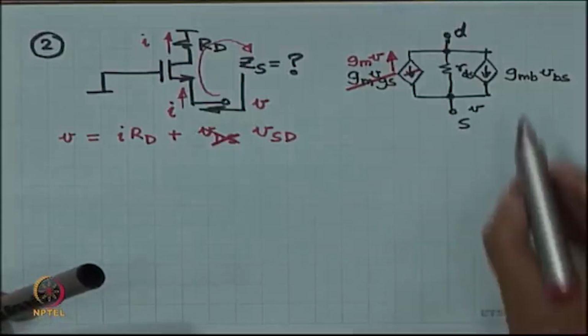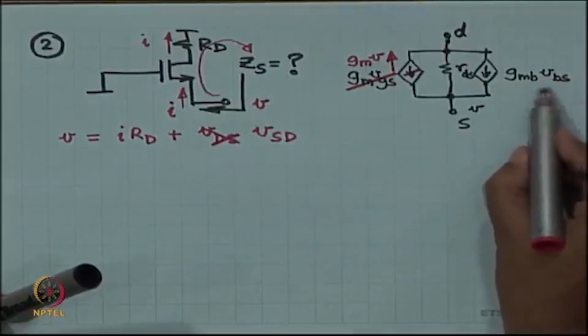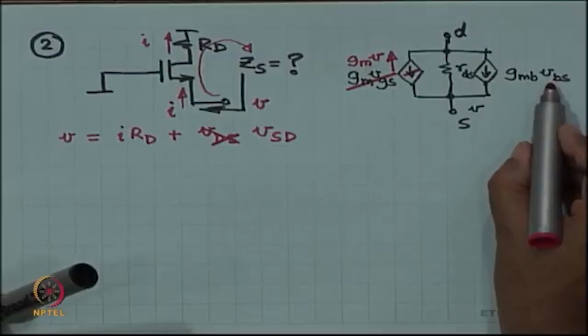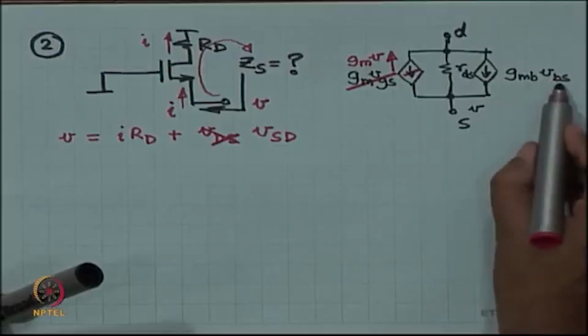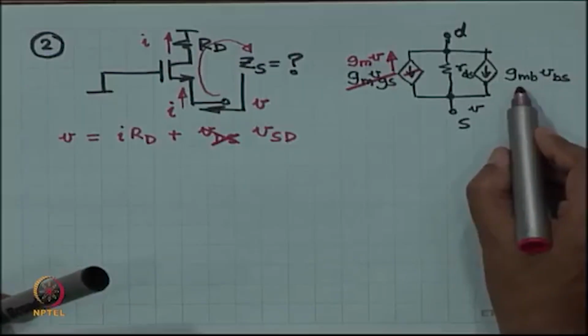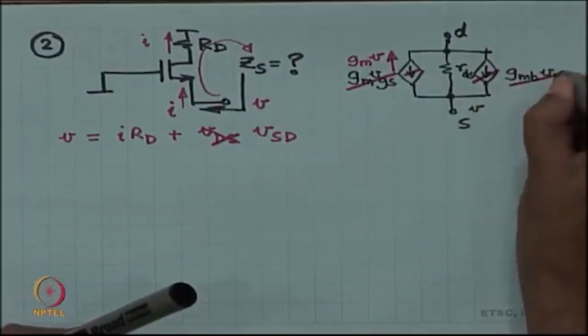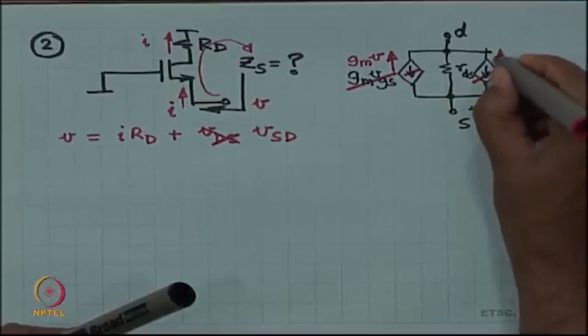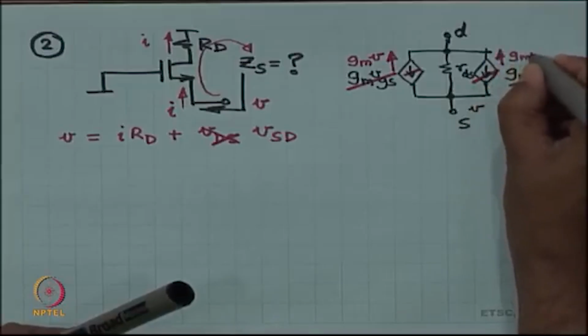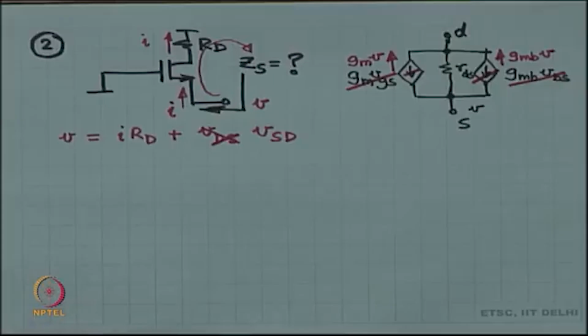Likewise VBS, the body is at ground, the source is at V. So, GMB VBS is nothing but minus GMB times V. So, I am going to correct it to point upwards with GMB times V. Those are the two currents in those two elements.